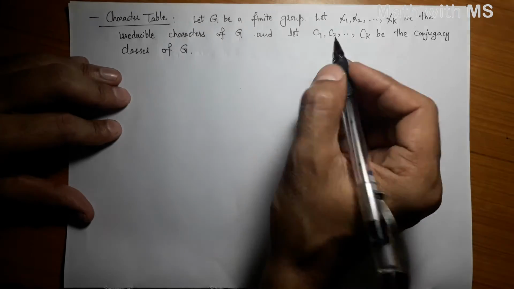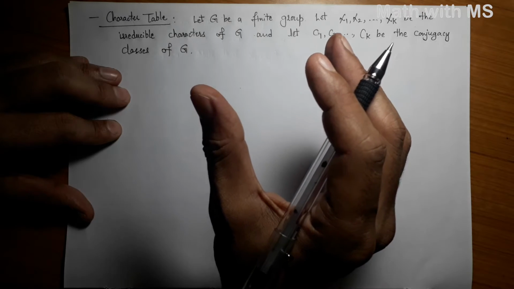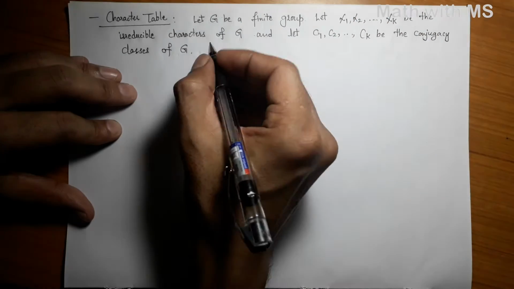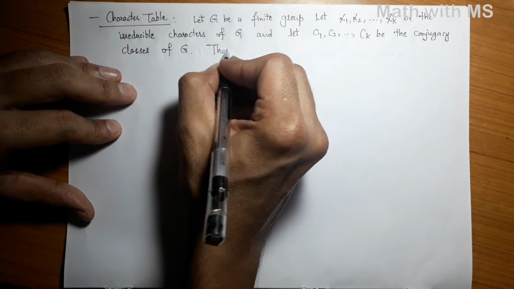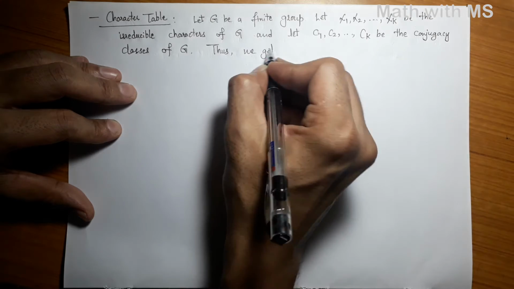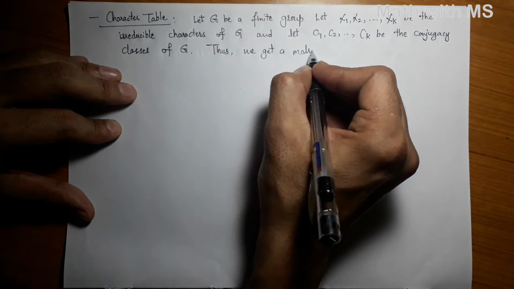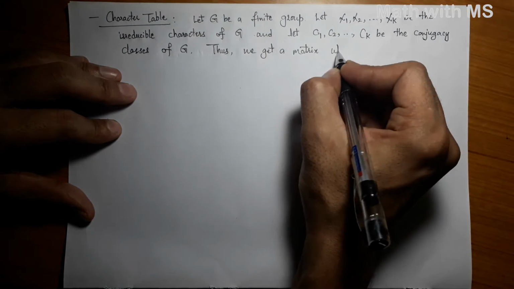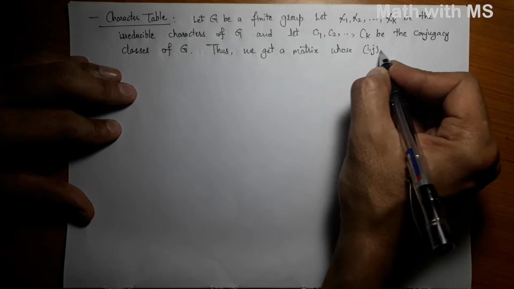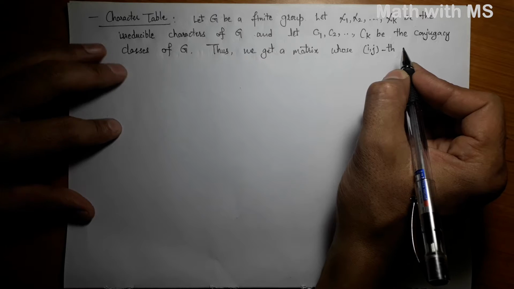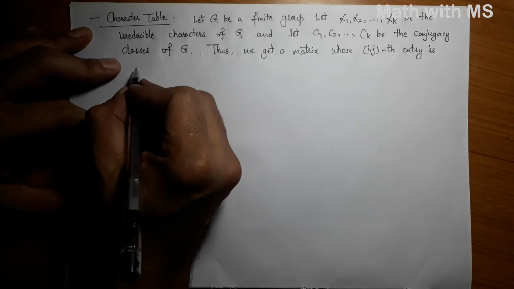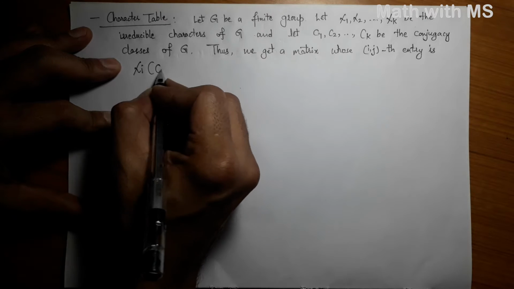Now since characters are class functions, they take the same value on a given conjugacy class. Thus we get a matrix whose ith row, jth column entry is chi i acting on Cj.